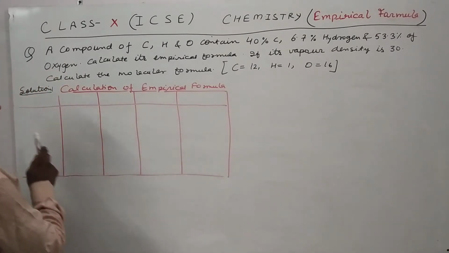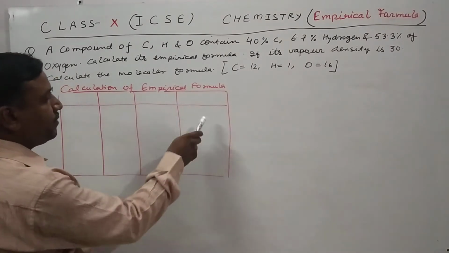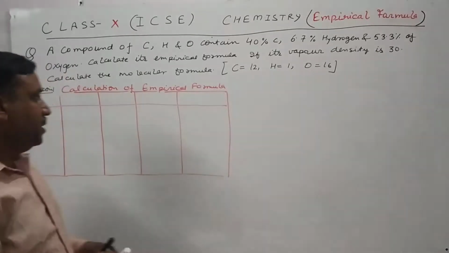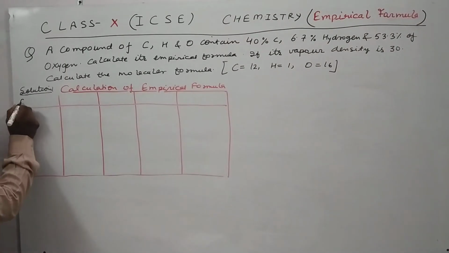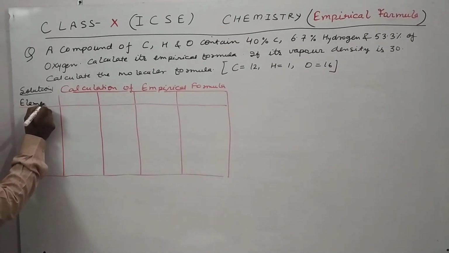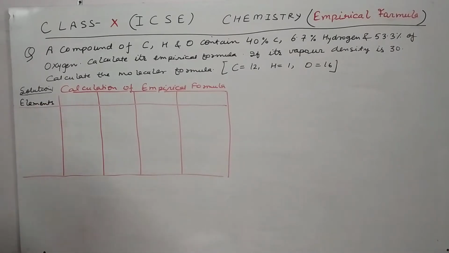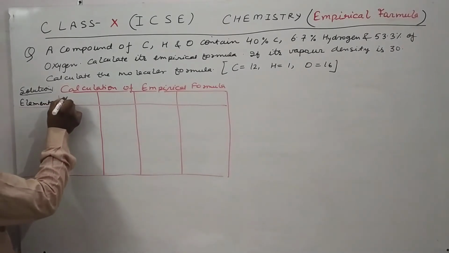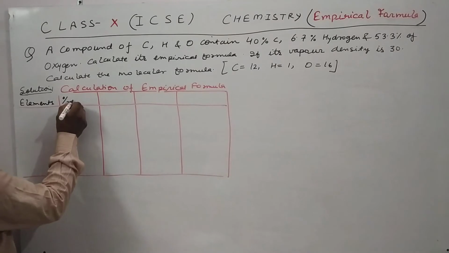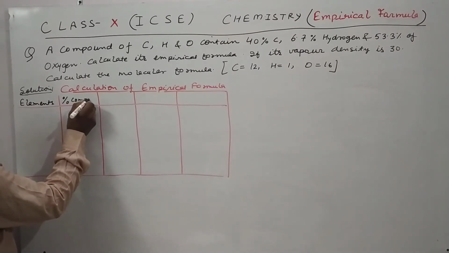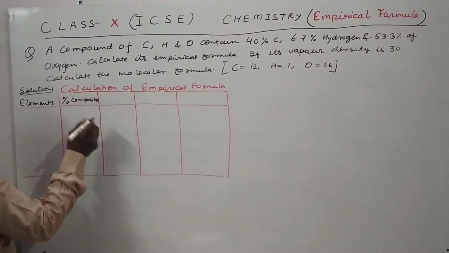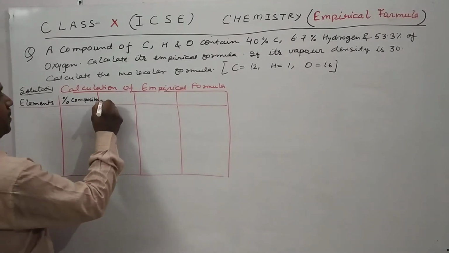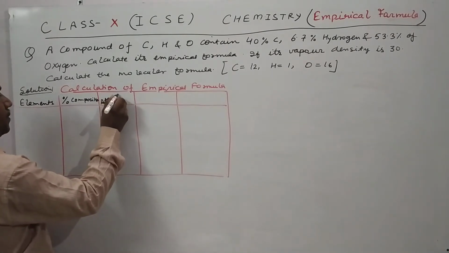In this table, you will draw 5 columns. In the first column, you will write down the elements given. Then the percentage of each: percentage composition. Then atomic weight.